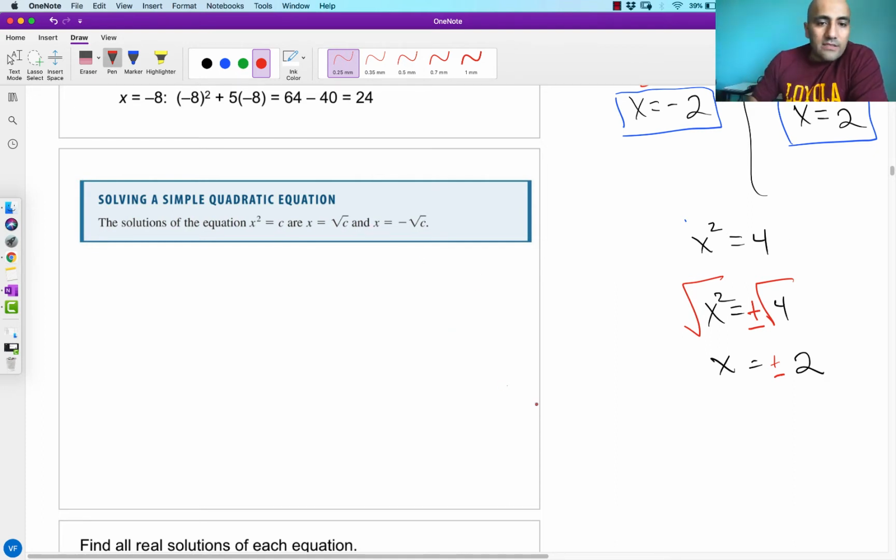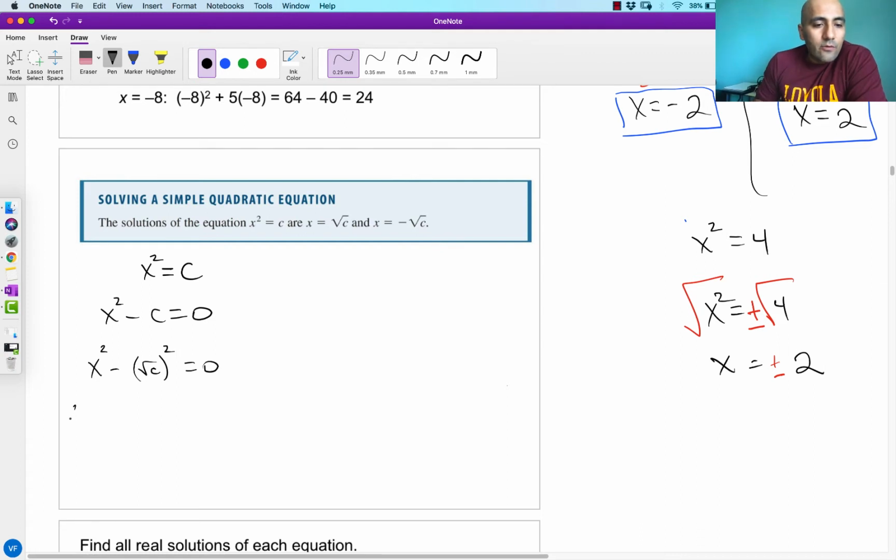Okay? So all this is saying is the same thing I just did up there, but just doing it in general. So if we have x squared equals c, we can subtract c from both sides. We end up with x squared minus c equals 0. We can do that same little trick I did above where we can rewrite this as x squared minus root c squared equals 0. Therefore, that must mean that x plus root c times x minus root c, right?